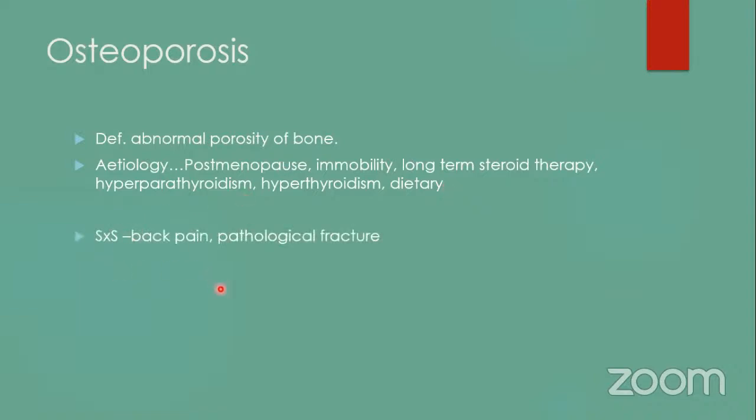Then signs and symptoms: the patient may present with back pain or pathological fracture, just fractures that occur so easily, just a simple fall, and then somebody sustains a fracture, which can actually be multiple.